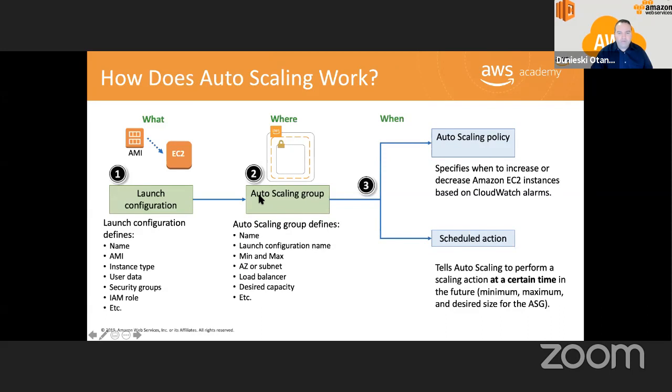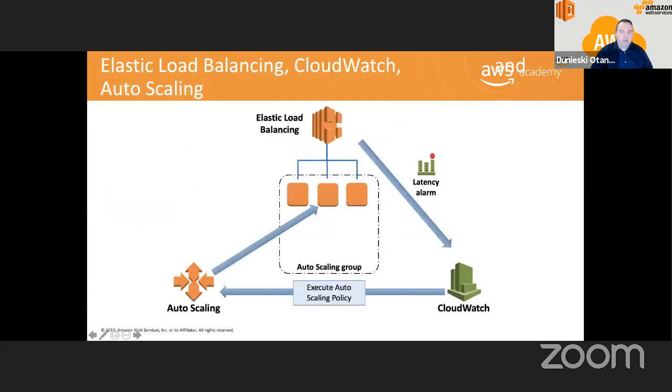The second part is the auto scaling group, and the third part is to schedule it or create the policy for it. So that's load balancing, CloudWatch, and auto scaling all working together. We have the elastic load balancing right here, and we're working with these guys.